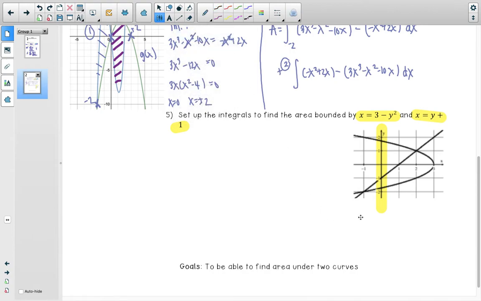Hint: it's bounded by the y-axis if, and usually this is the biggest clue, it has x equals something for the equations, but if it's perpendicular to the y-axis. Okay, so if you notice this area right here is bounded by this graph and this one.